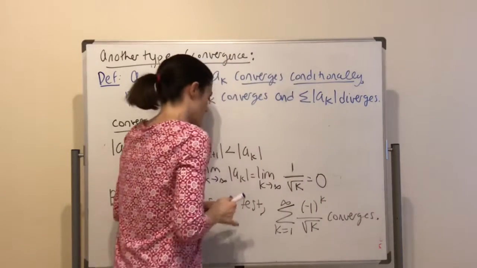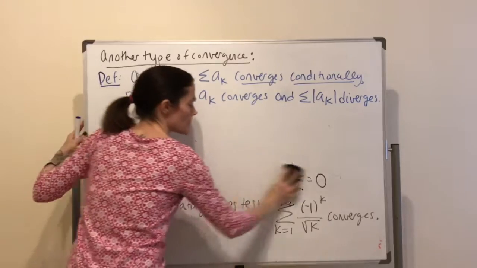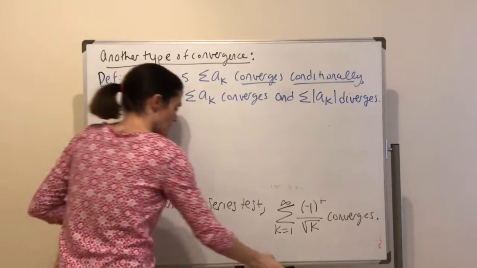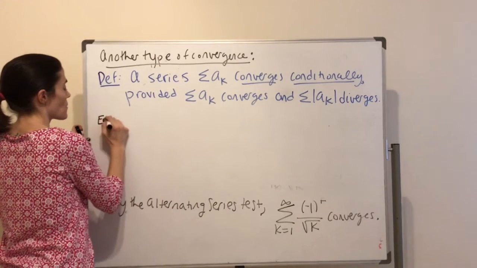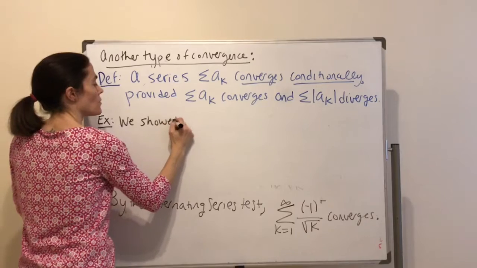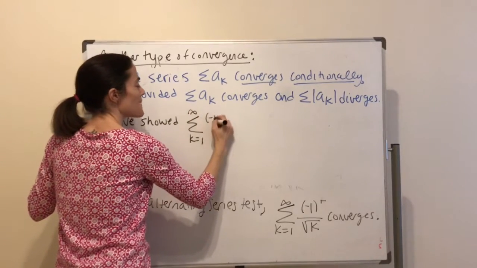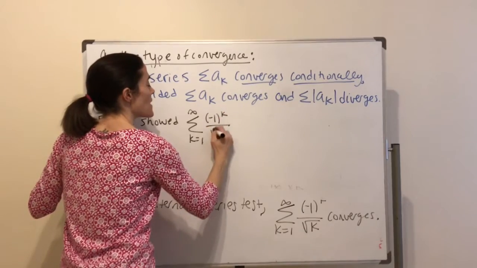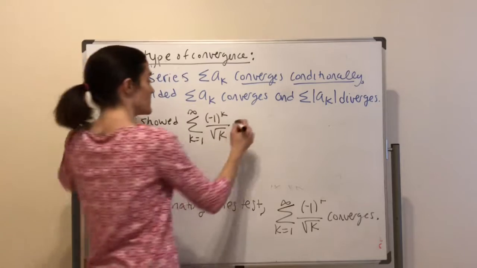Okay, so what have we shown here? Well, I'm erasing the work. But we just showed this series, k equals 1 to infinity of (-1)^k over the square root of k, that this converges conditionally.